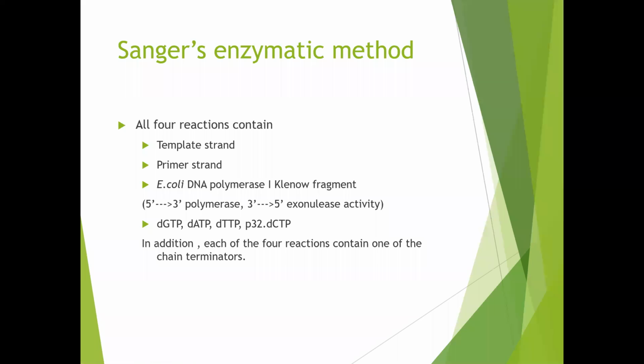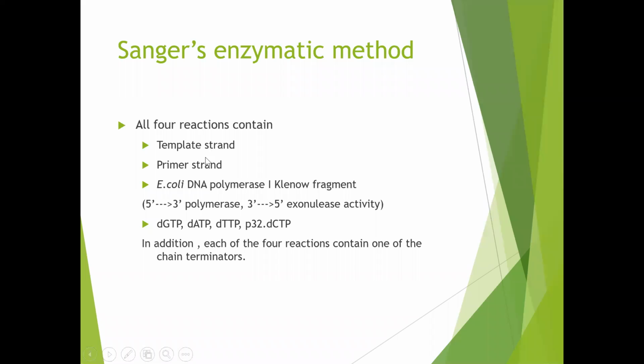5' to 3' exonuclease activity, and missing this 5' to 3' exonuclease activity is very critical for this technique. Why? Because in the beginning, if you remember, I told you that all the fragments generated in these 4 reactions will have one common end, right?